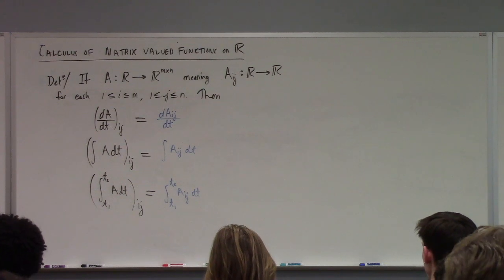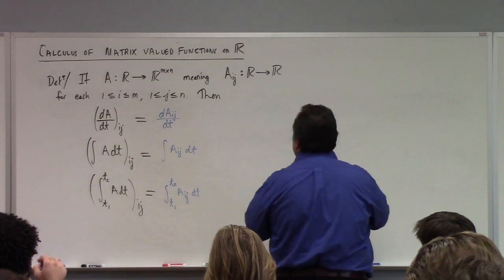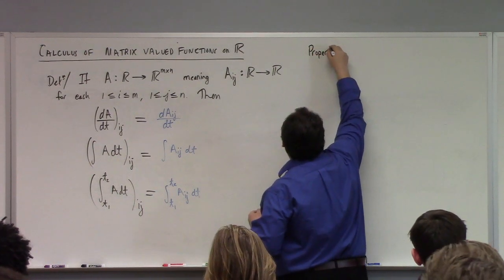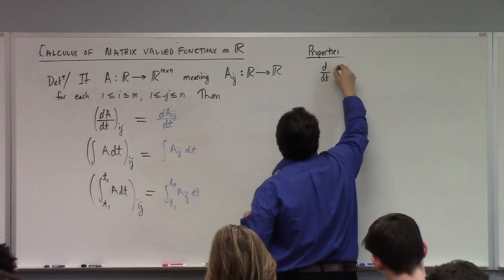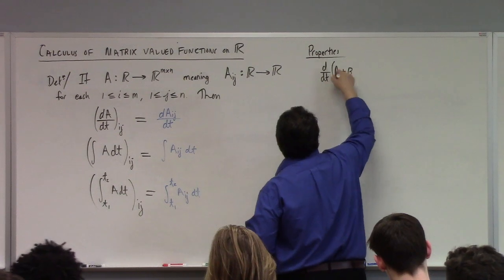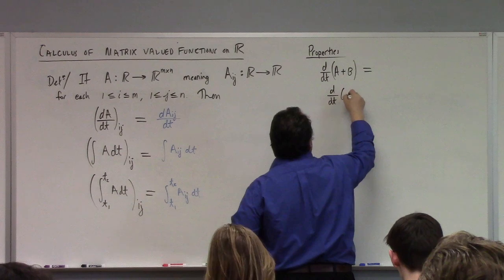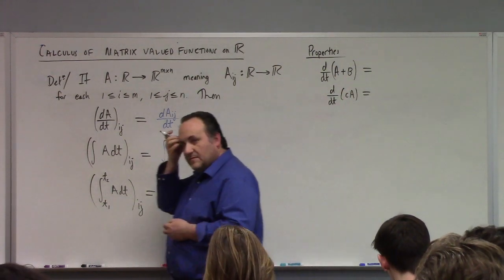And once you have this, it's easy to prove rules of calculus, like properties. What do you think the derivative of a sum of two matrices is going to be? What if I have a constant? How should these work, do you think?